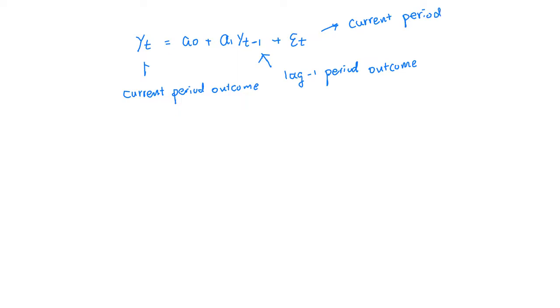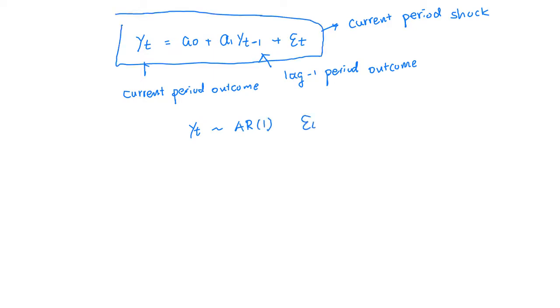In plain English, it's like this. And obviously Yt is a random variable that follows AR1. AR1's representation in math is like this. Epsilon t is white noise, and white noise means it's a normal distribution, the expectation is equal to 0, and there is a parameter for its variance.